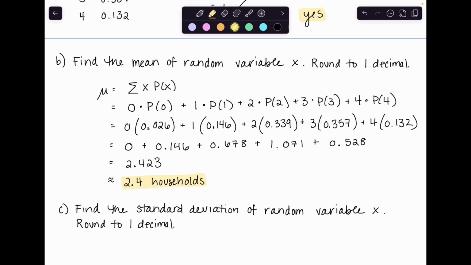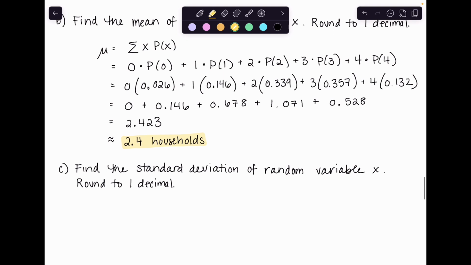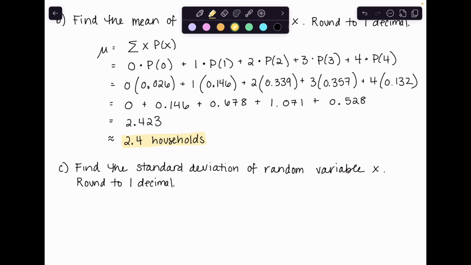Now we want to find the standard deviation of the random variable x, and we want to round to 1 decimal place. So I'm going to start by filling in that formula. We're going to start by finding the variance, so I don't need to write a giant square root every single time.